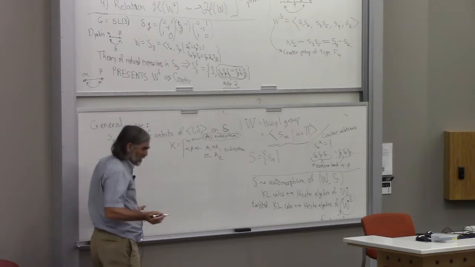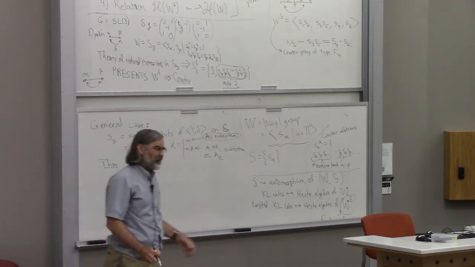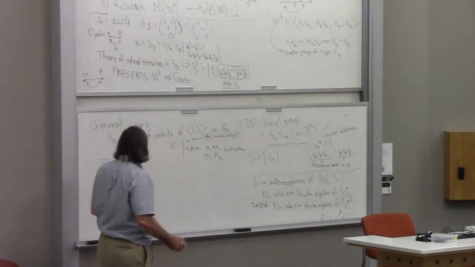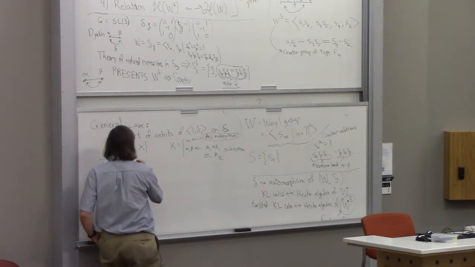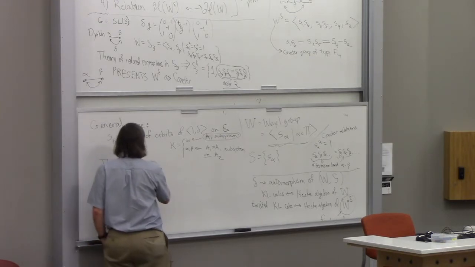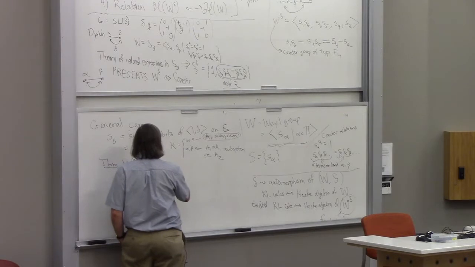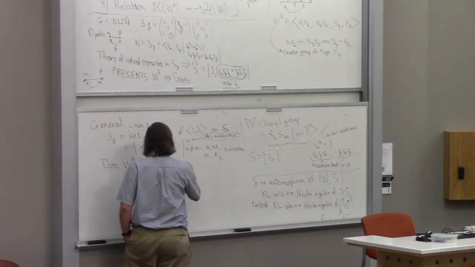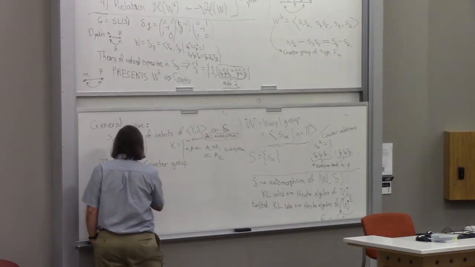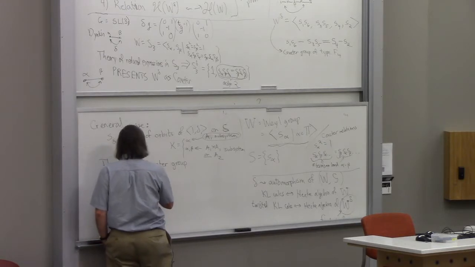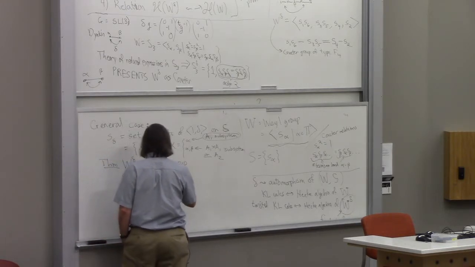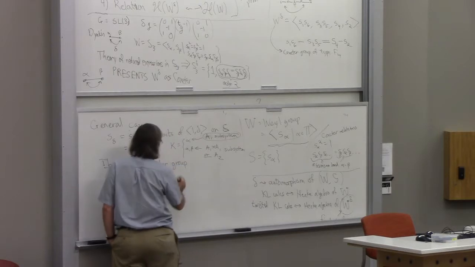I mean, I've seen it written down in Bruhat-Tits papers, but I expect it's quite old. W upper delta is the Coxeter group generated by these elements T sub kappa.